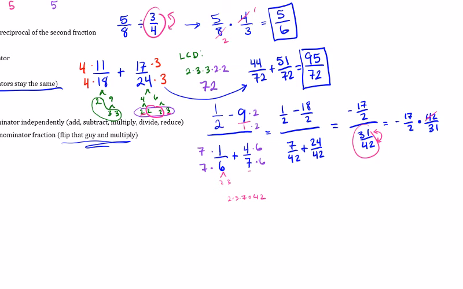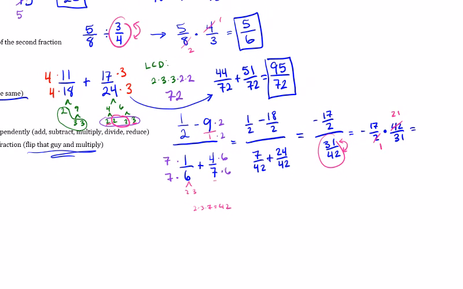Here 42 and 7 have a common factor, and 42 and 2, so it's 21 over 1. Now we can just multiply top times top, bottom times bottom. Here we have a negative times a positive, so that'll be a negative. 17 times 21 is 357, and then 1 times 31 is 31.